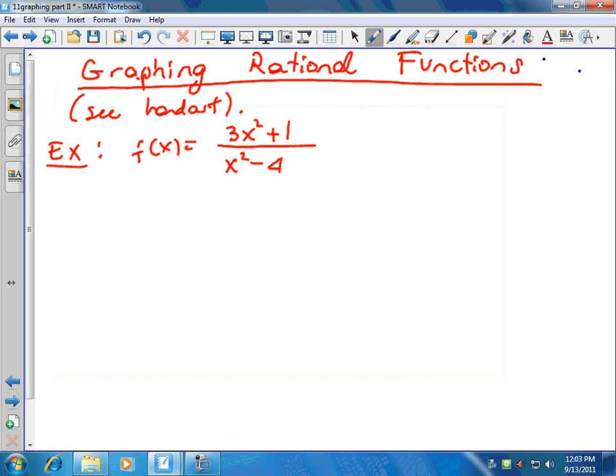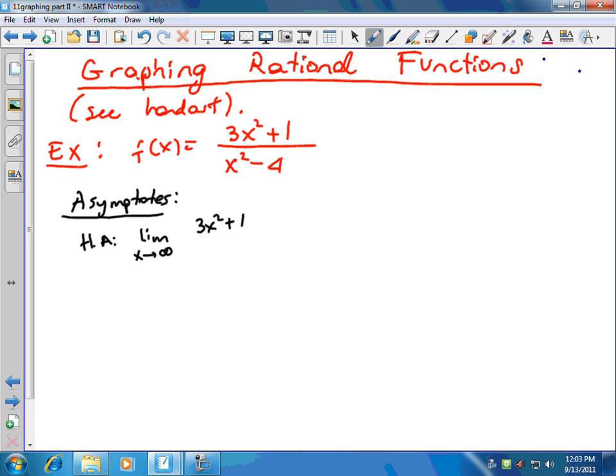Let's graph f of x equals 3x squared plus 1 over x squared minus 4. So let's begin with the asymptotes. Okay, first the horizontal asymptote. Take a limit of the function as x goes to plus or minus infinity.